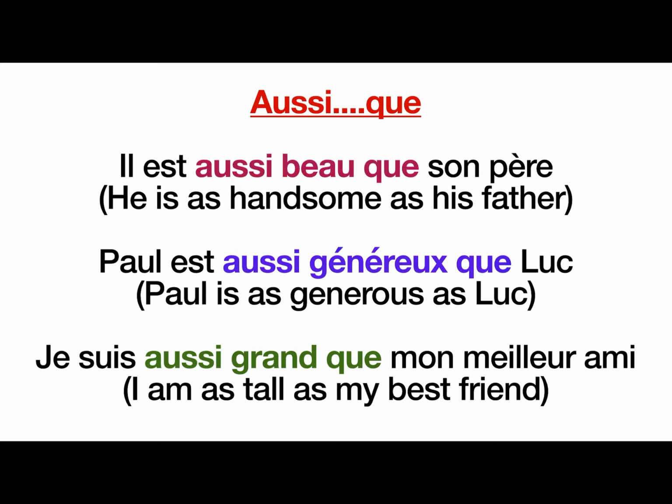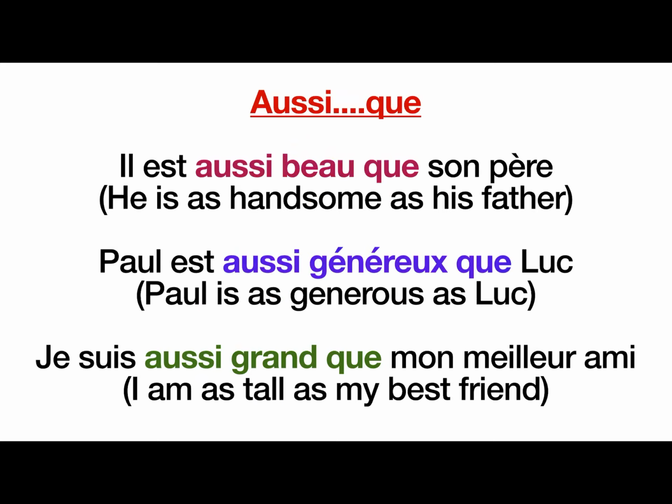So, il est aussi beau que son père. He is as handsome as his father. So, aussi, adjective que, as, handsome as. Paul est aussi généreux que Luc. Paul is as generous as Luke. So, we're comparing the two of them. We're using a comparative, as generous as.